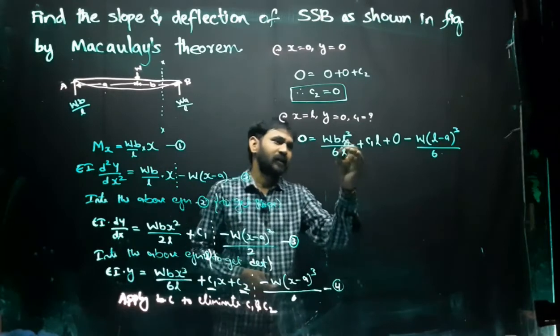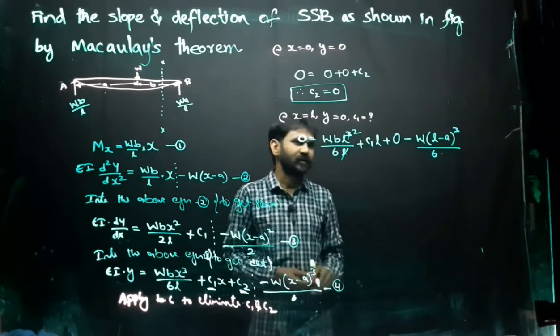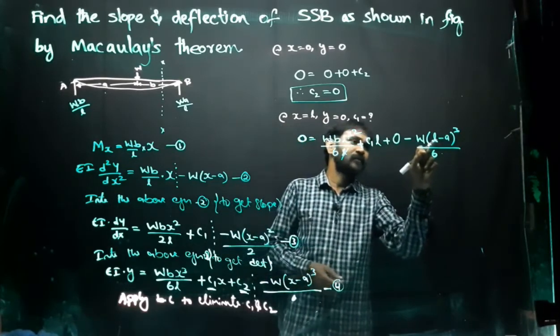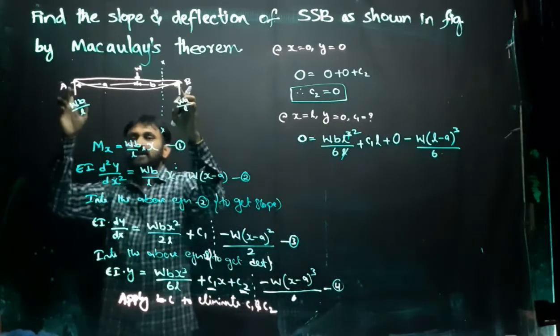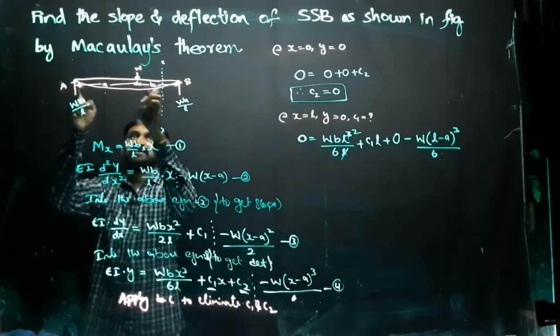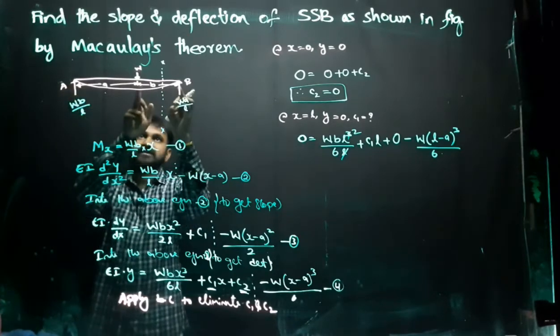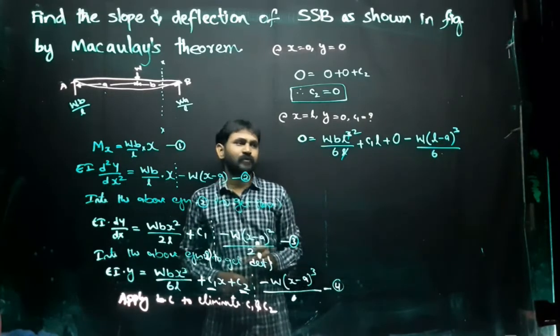Here L cube is there, L is there, L gets cancelled, and L square will remain: W B L square by 6 plus C1 L minus W. What is L minus a? According to the question, this is my length L, this is a. From L, if I take away a, what remains? B. So I can write it as W B cube.